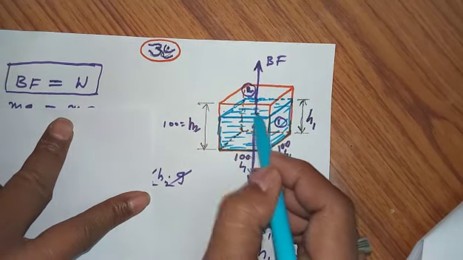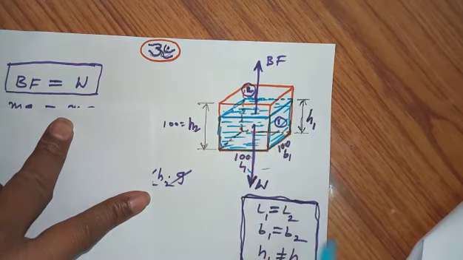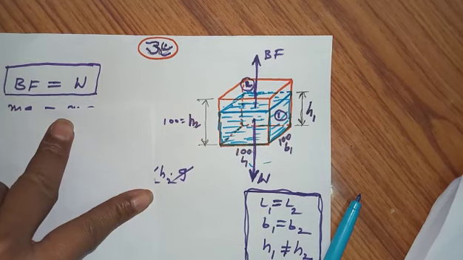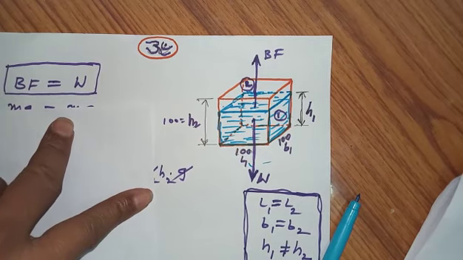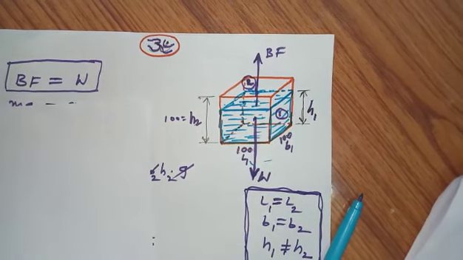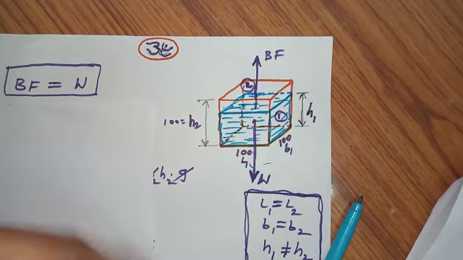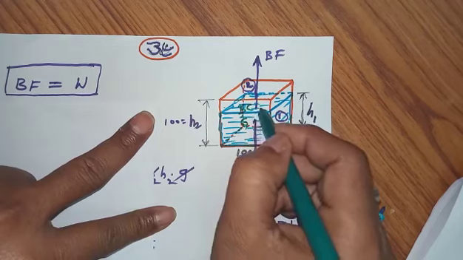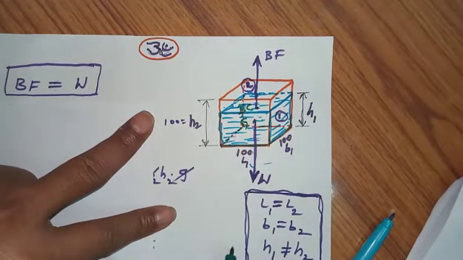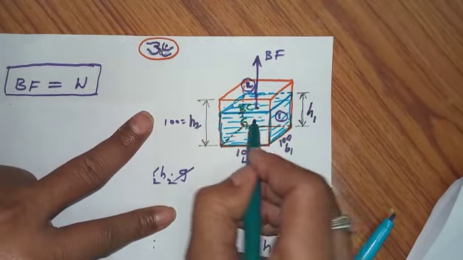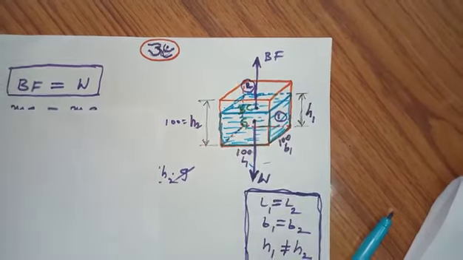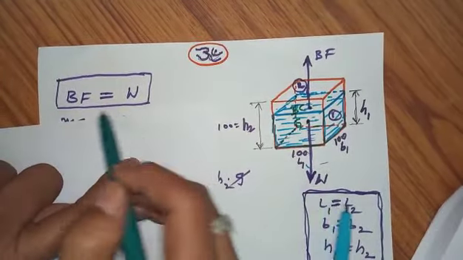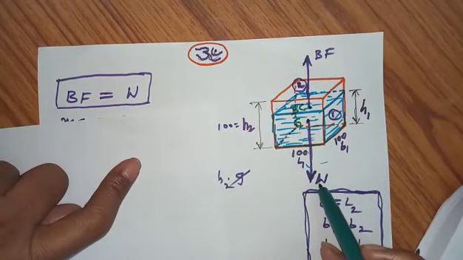It is acting at the center of buoyancy, and at the center of gravity, the weight of the body is acting. This is the center of gravity G, this is the center of buoyancy. Now we equate these two forces. Buoyancy force is equivalent to the total weight of the body.